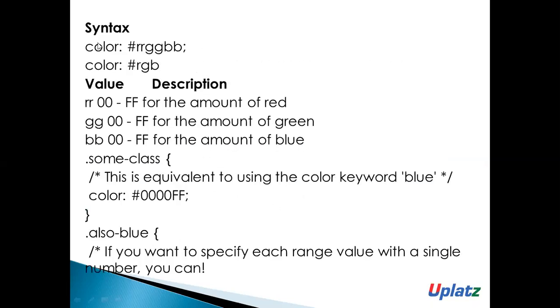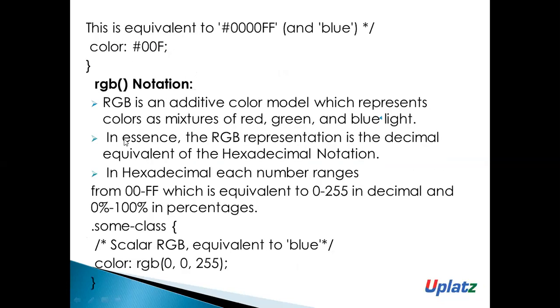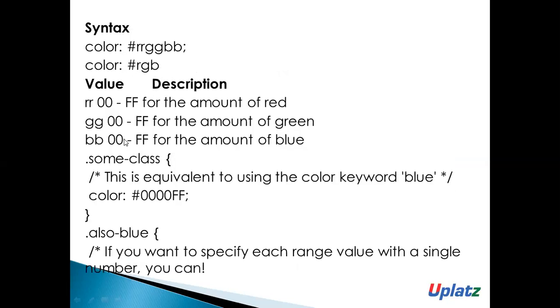For syntax, you can mention #rrggbb, where rr is 0 to ff for the amount of red, gg is 0 to ff for green, and bb is for the amount of blue. You can see here I have mentioned some class name and color, which is equivalent to the color keyword blue.